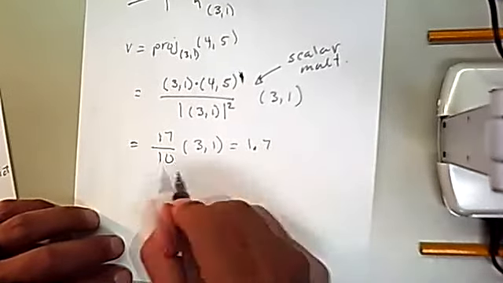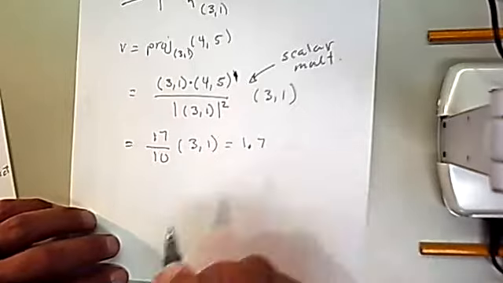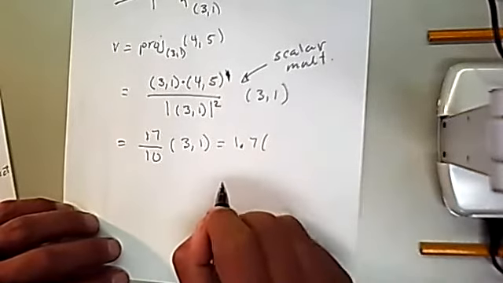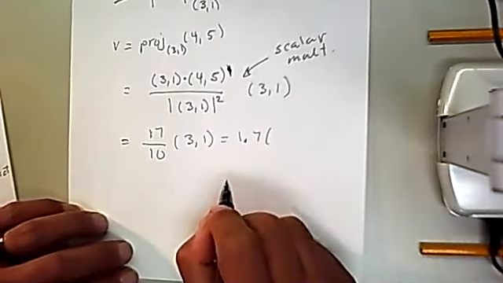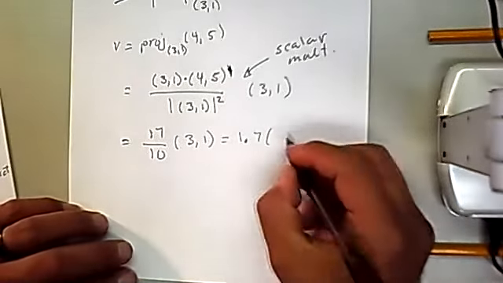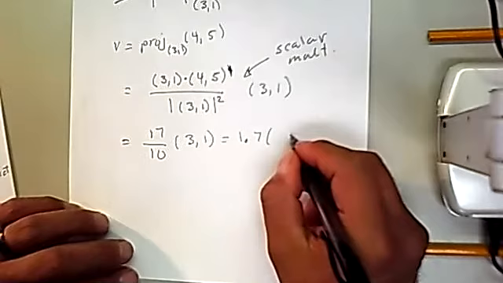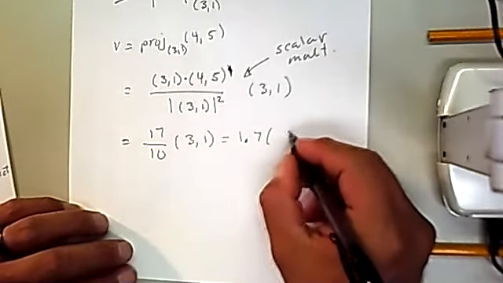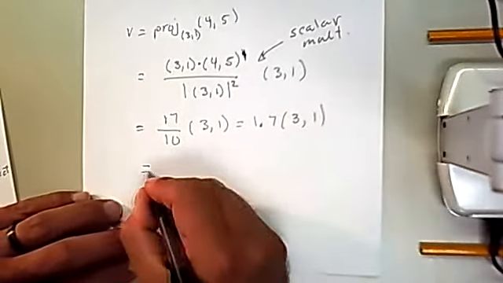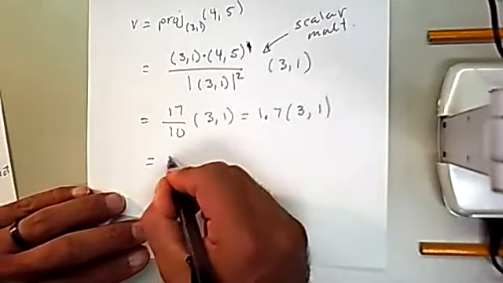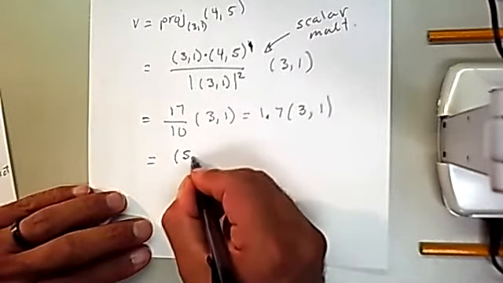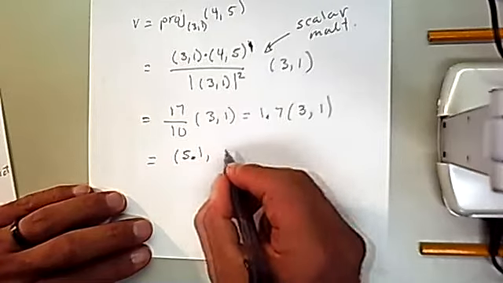This is a nice decimal. It's a terminating decimal, so we can use decimals without sacrificing any accuracy. We don't have to use approximations. Times (3, 1), and that's going to be (5.1, 1.7).